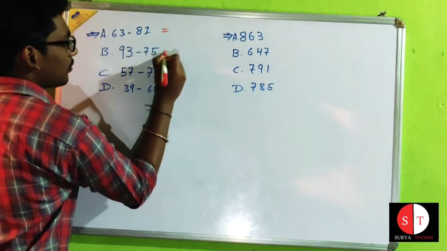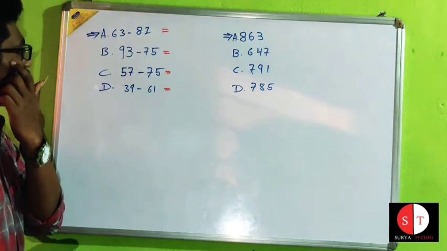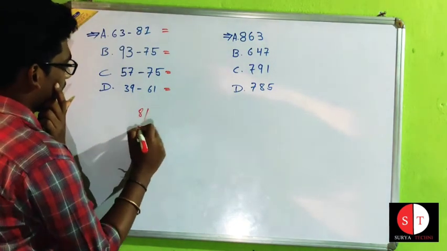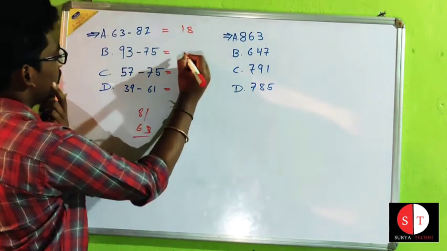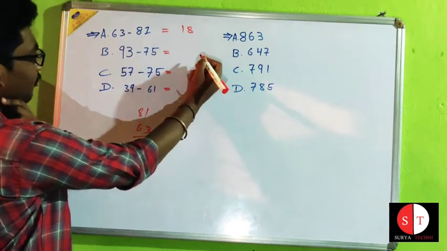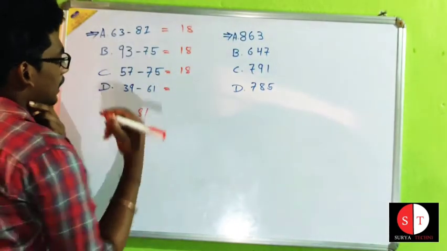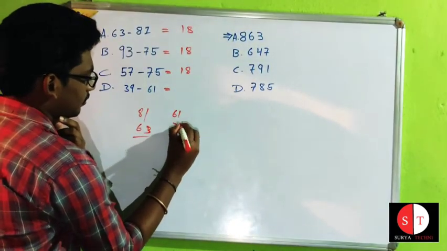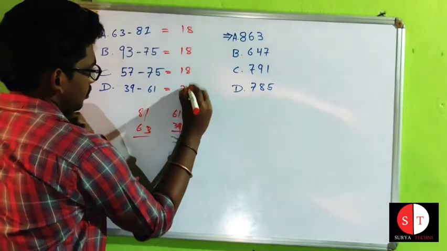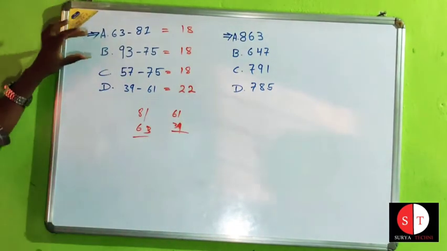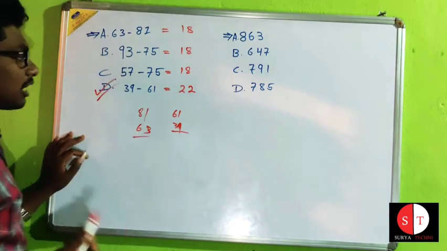Have you calculated it? 81 minus 63 is obviously 18. 93 minus 75 is obviously 18, 75 minus 57 is obviously 18, and 61 minus 39 is 22. So options A, B, C give the same number, and option D is the odd one. Okay, classified.